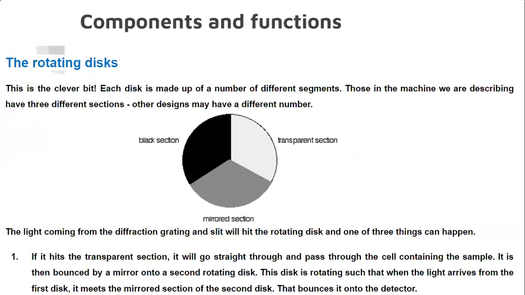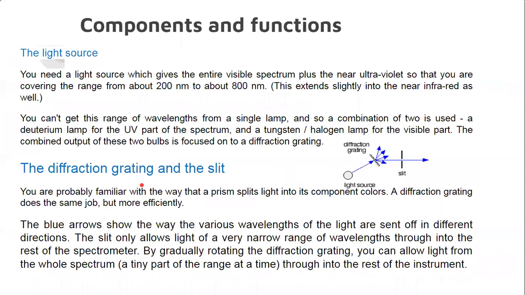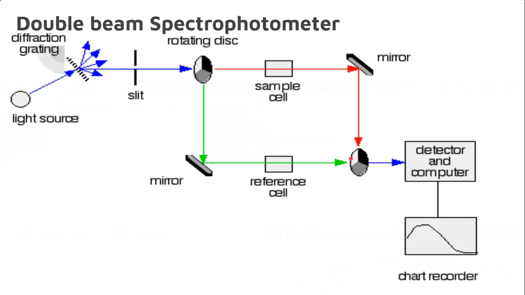This is the mirrored section. So whatever light is coming from here will meet this mirrored section. This light is also coming from the mirrored section of the first rotating disc, so it will meet the mirrored section of the second disc.